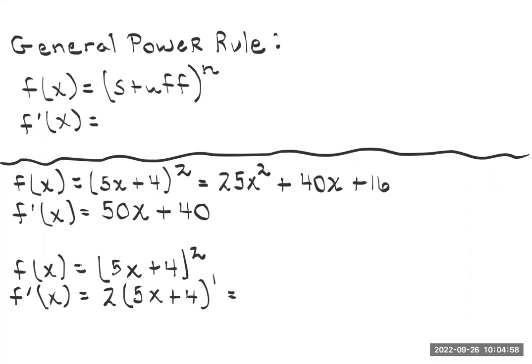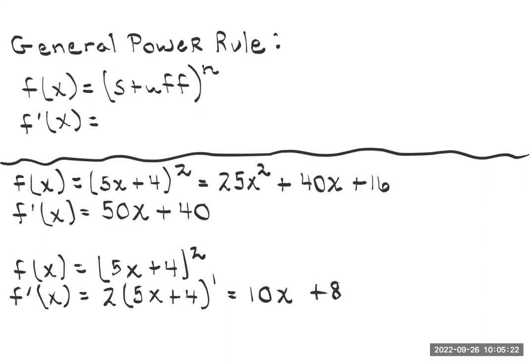But notice that doesn't get us the right derivative. That was the whole point we discovered last Monday, because we reviewed on Wednesday. If that's all I do, what I used to do with the regular old power rule, I don't get the right derivative. I'm supposed to get 50x plus 40, and I'm getting 10x plus 8.